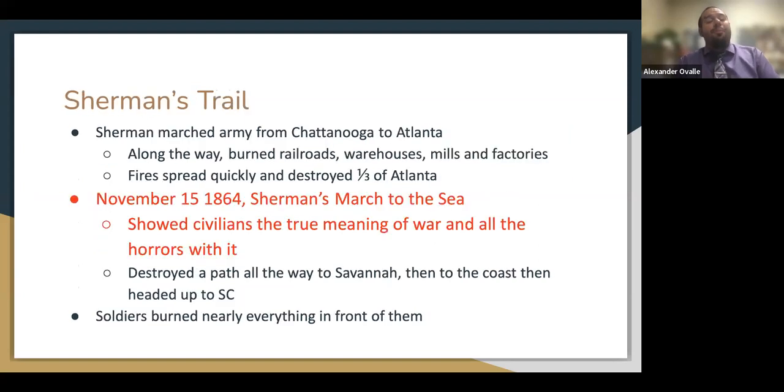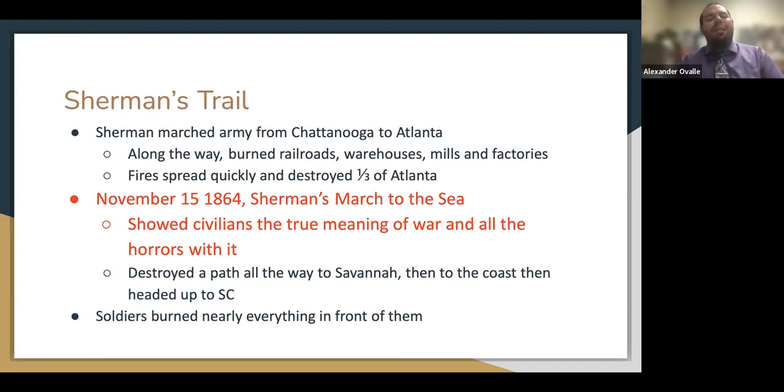So now you have Sherman's Trail. So Sherman, William Tecumseh Sherman, is in charge of invading Atlanta or invading Georgia. And he will give the entire wrath of the Union Army. He will give the South their medicine. So they marched from Chattanooga to Atlanta, and along the way, they will burn railroads, warehouses, mills, factories.